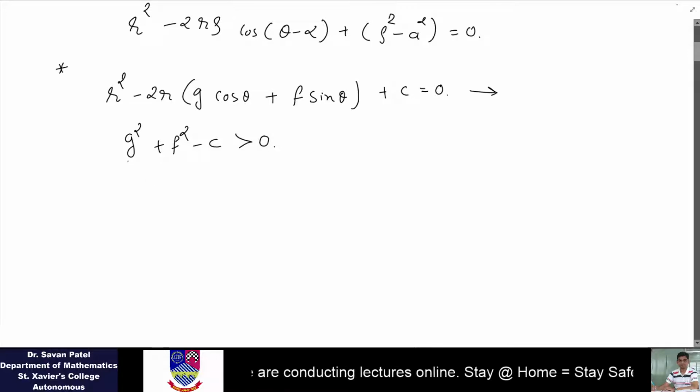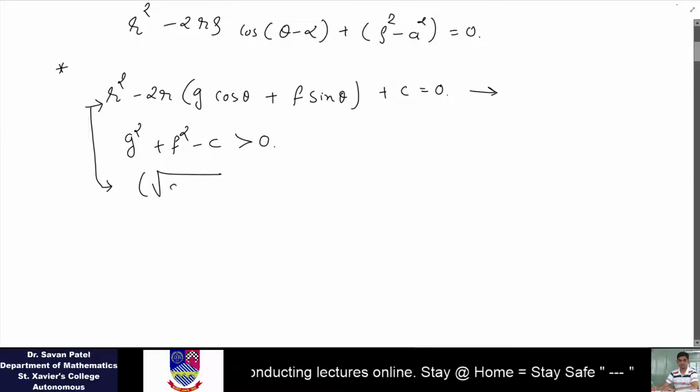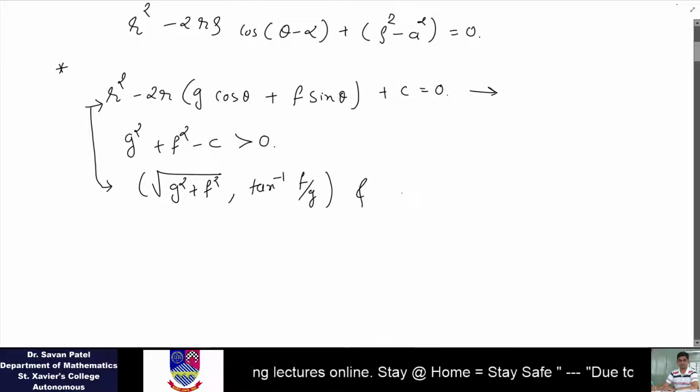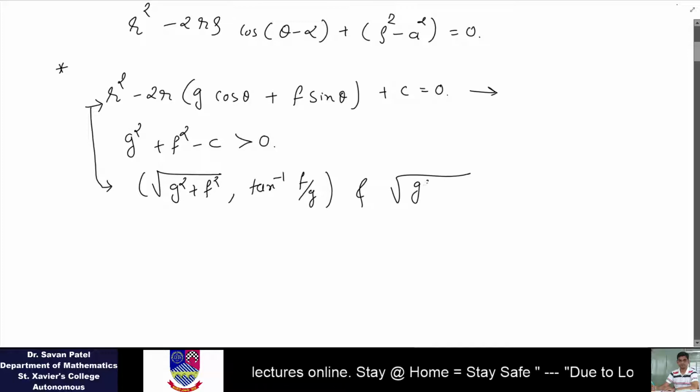If that is satisfied, then for this circle, the corresponding center is (square root of g square plus f square, tan inverse f by g), and the corresponding radius is square root of g square plus f square minus c.